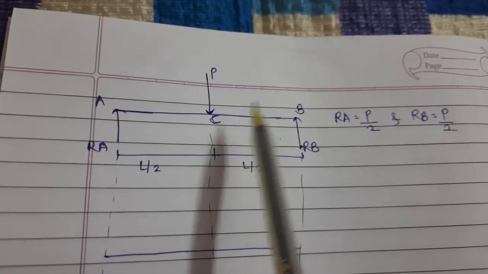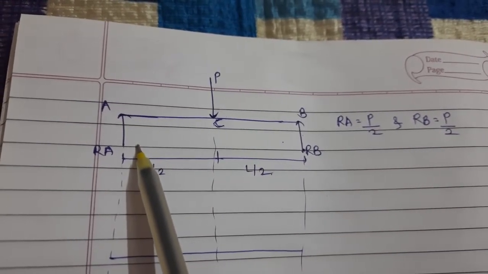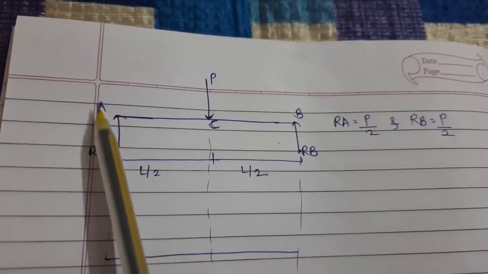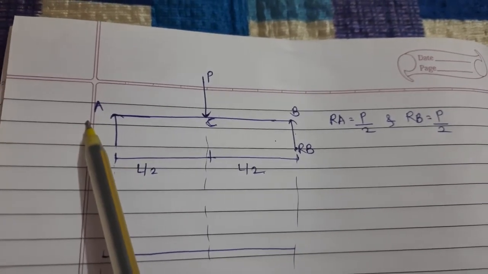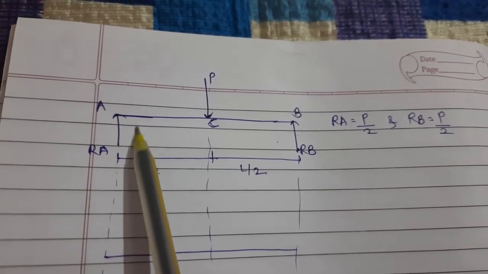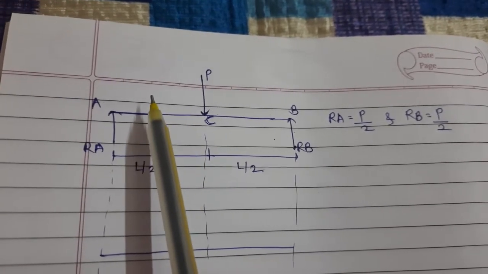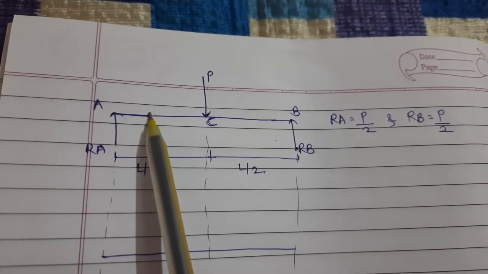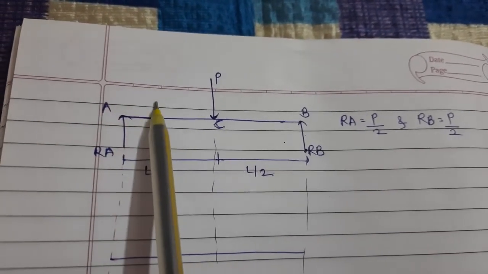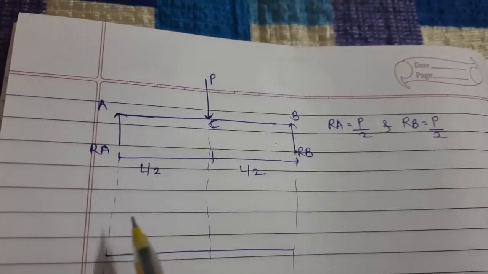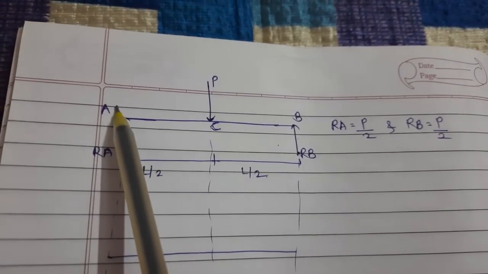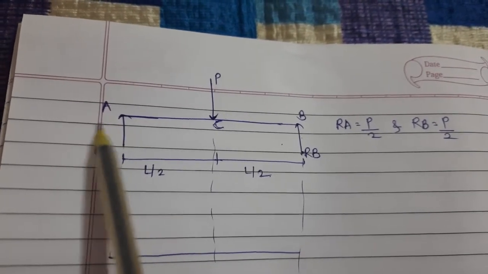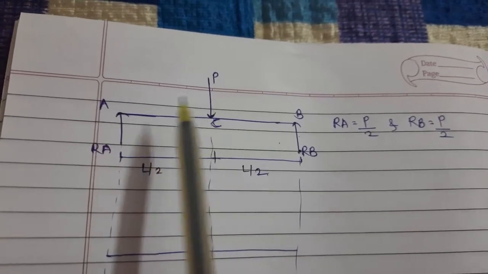But when we take a section, we have to consider only the left side of that section. If we take a section here, meaning the right side of point A, what do we have to consider? Only the section's left side. Now see, if we take a section at the left side of point A, is there any force? No. Then 0.